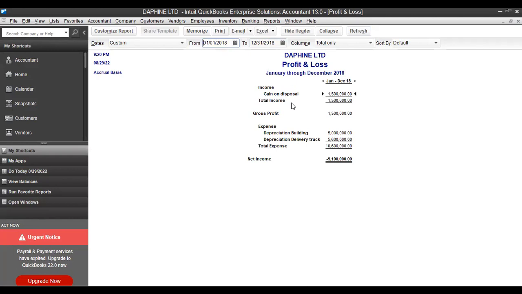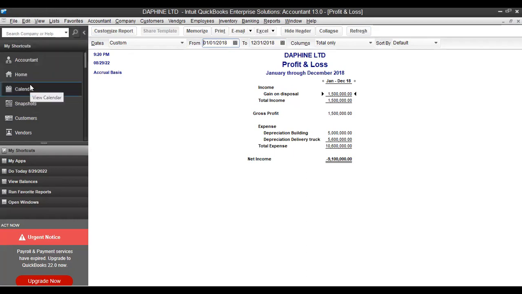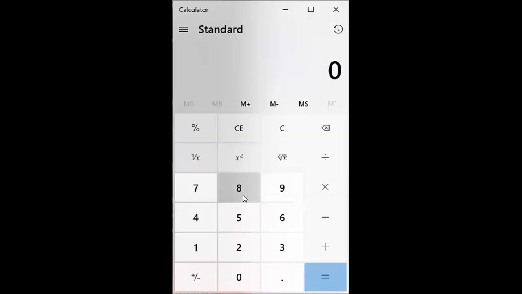So guys, that's how we capture disposal. And for someone who wanted a calculator, you come to edit, then use calculator. When you click on use calculator, it will pop up. I can share my screen. Then you type in what you want. I had tried out 70 million earlier.